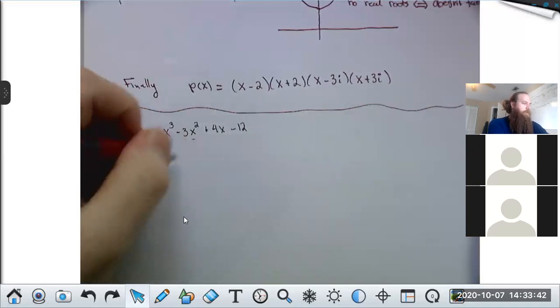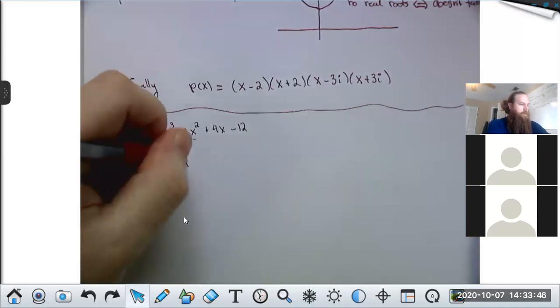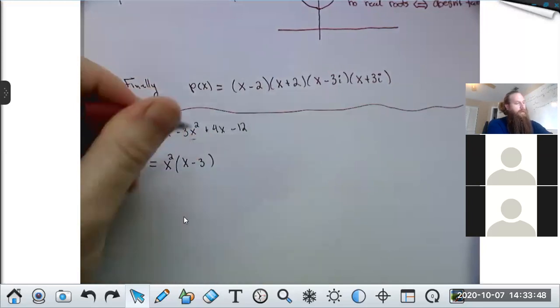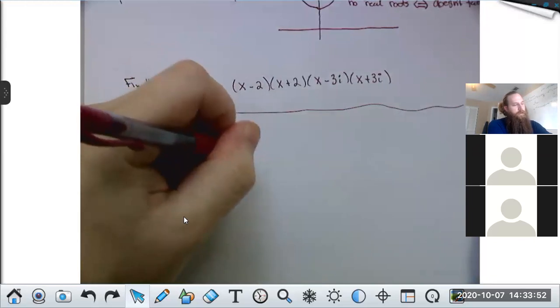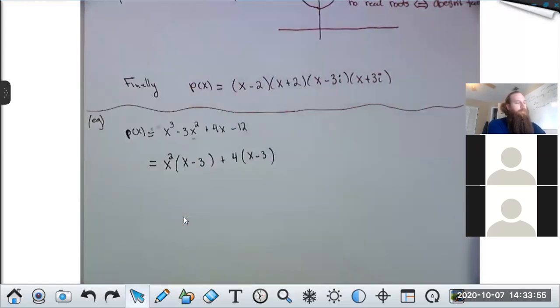So from this first piece, I can factor an x squared, and what's left will be x minus 3. And from the second piece, I can factor a 4, and what's left will be x minus 3. And this is nice because now I have a common factor of x minus 3.